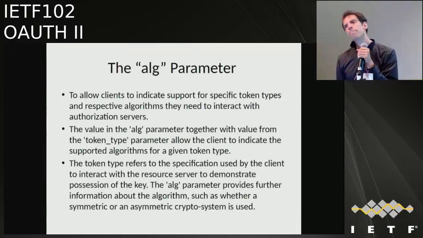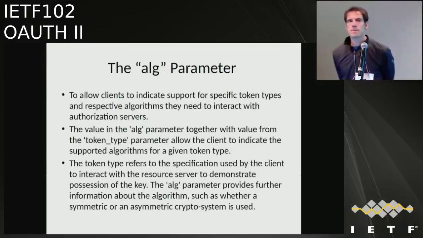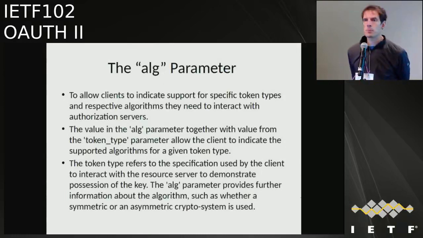Jim, Chad. I'm not sure that I actually see a conflict here. If, for example, in the ACE world you were using a profile of OSCORE, so CoAP OSCORE is your profile, you may still want to specify an alg to say which algorithm in OSCORE you want to use.